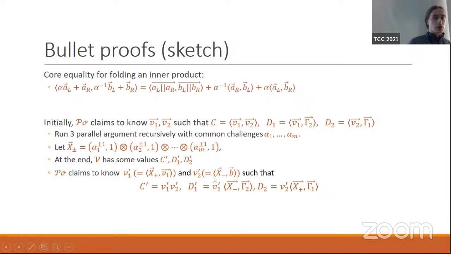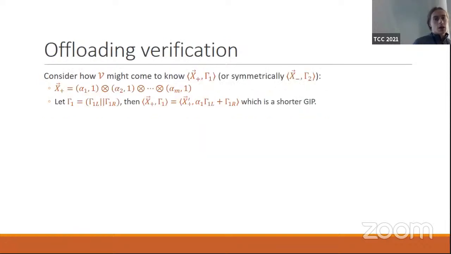You use this kind of folding recursively, and you end up with some very structured vector built up as a tensor product. And there's some eventual claim about some scalars, v1 prime, v2 prime, such that this is supposed to hold. Now, traditionally, the verifier then has to go and compute something like these x plus/minus inner products with the gammas, and that's where the linear verifier comes from.